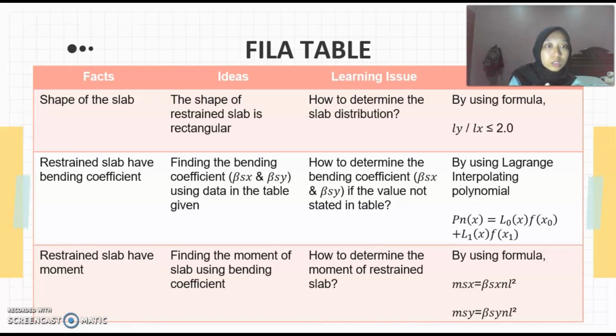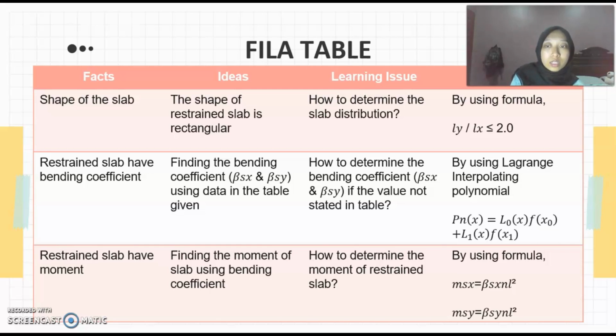So we can use Lagrange interpolating polynomial formula, which is Pn equals L0 times f(x0) plus L1 times f(x1) and so on.